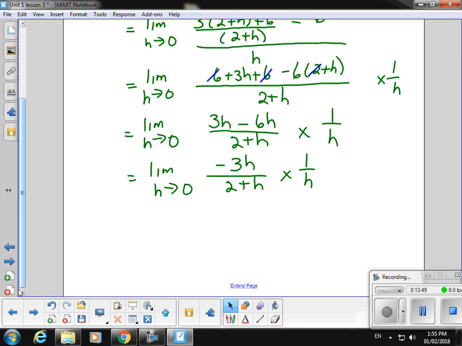I notice a factor of h on the top and h on the bottom. So I'm going to be able to approach a value. Limit as h approaches 0. I can now just substitute a 0 right there because I've gotten rid of the 0 over 0 problem.